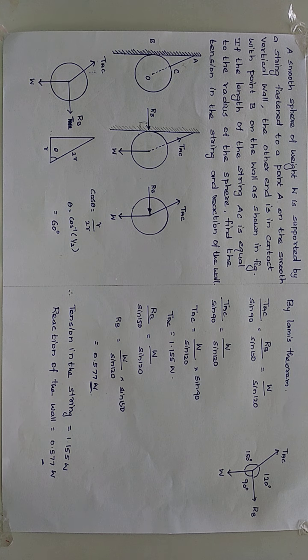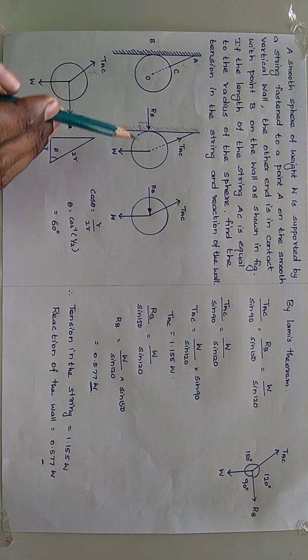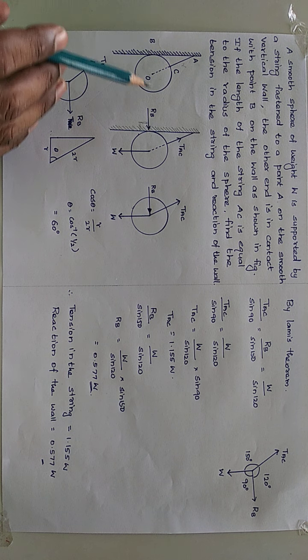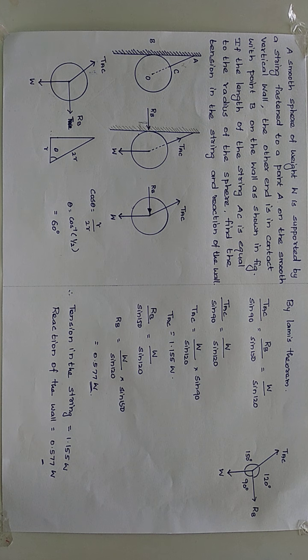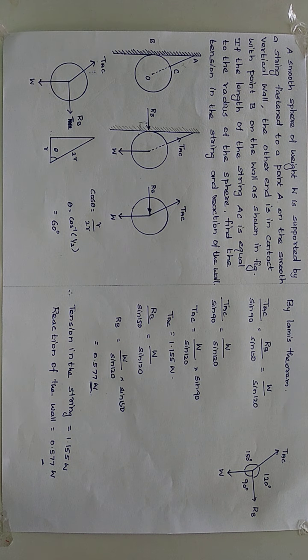Here we understand another word, reaction. Reaction means whenever an action is restricted, a reaction force is created. Here the action is that the sphere tries to move the wall towards the left-hand side, but the wall is stationary, right? It is fixed. So the wall gives an opposing reaction. Whenever a contact is there, a reaction force will be created.